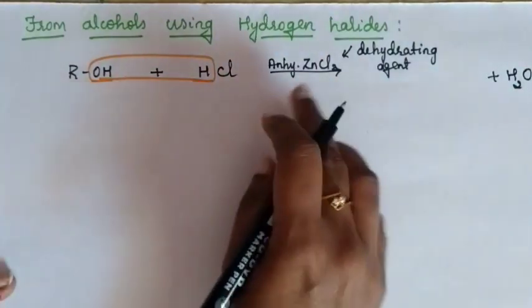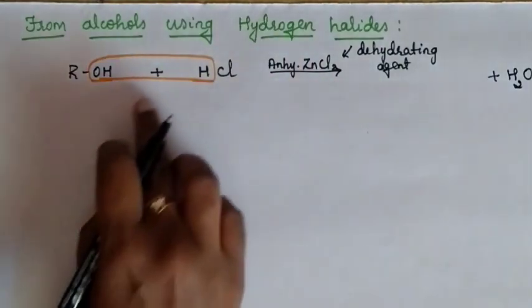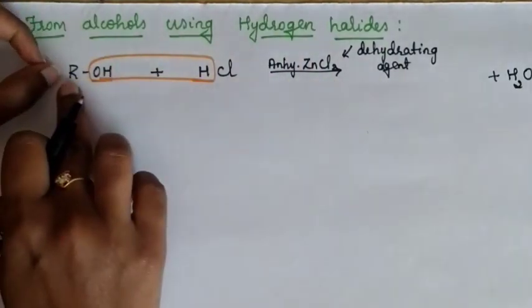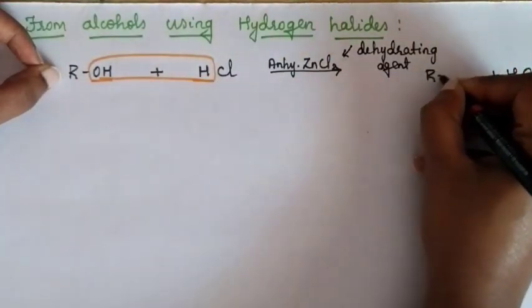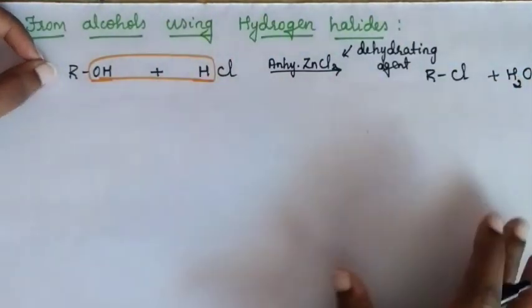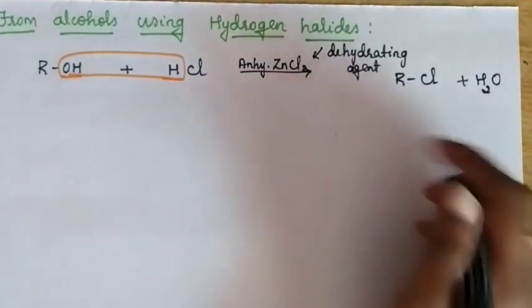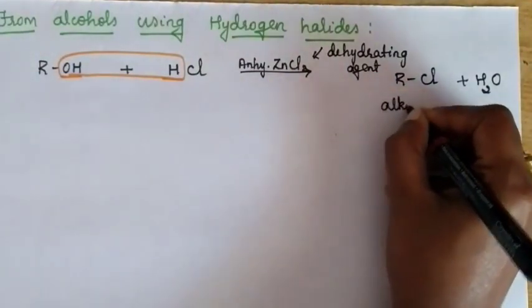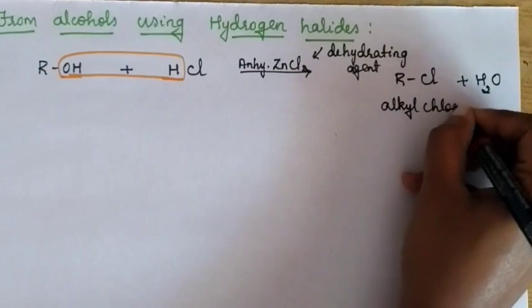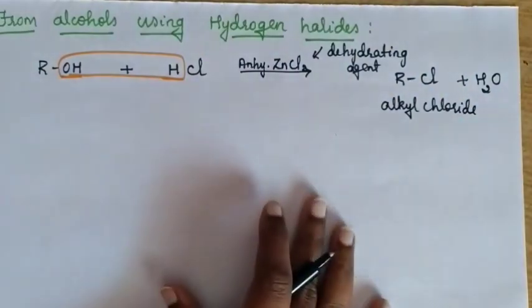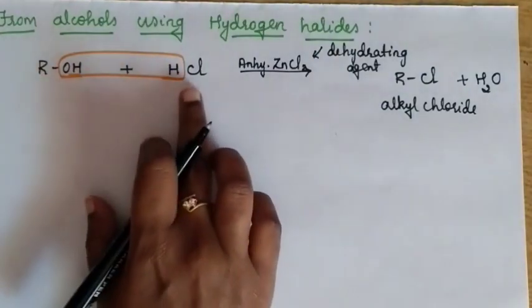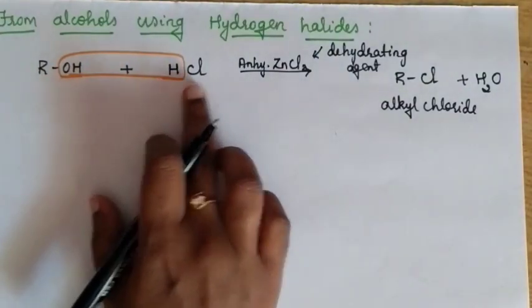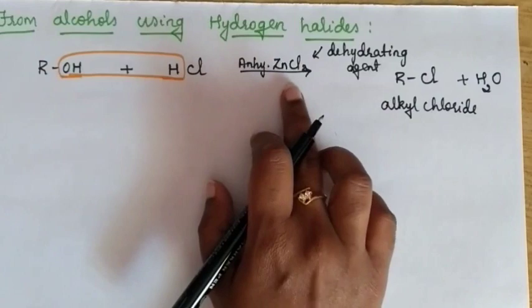For this purpose, we are going to use ZnCl2. And now what is left out? R plus and Cl minus are left out. So this R plus and Cl minus will combine and form our main product, that is alkyl chloride. This is how you can prepare haloalkane from alcohols using hydrogen chloride in the presence of ZnCl2.